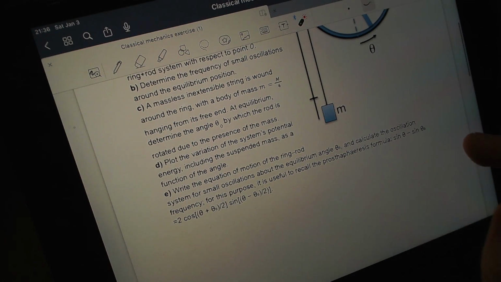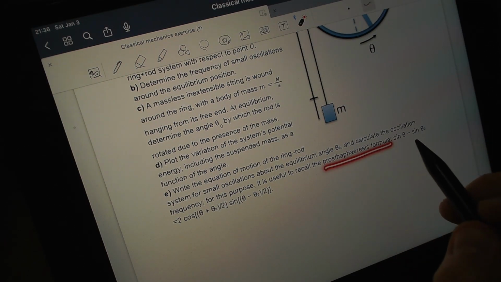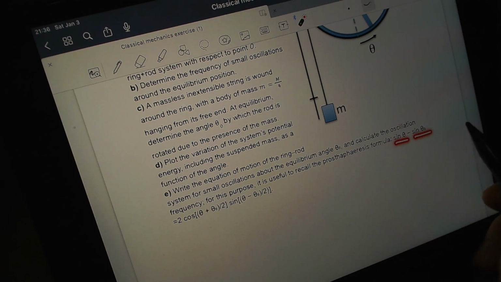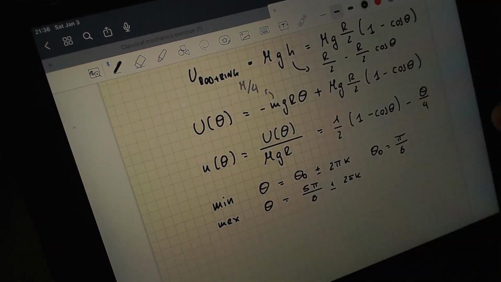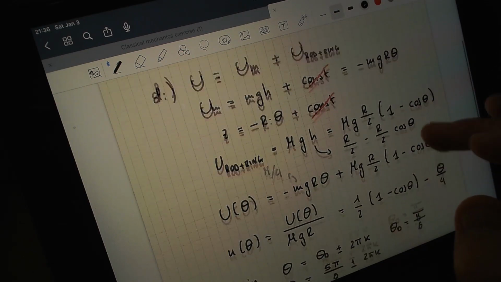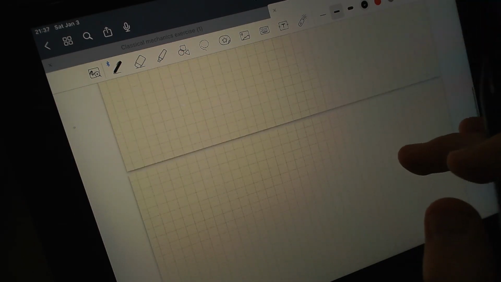And here we also have the prosthaphaeresis formula for sine of theta minus sine of theta 0. Okay, for this question there are two different methods. Let's see the first method for question E.